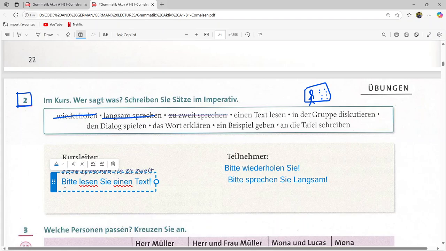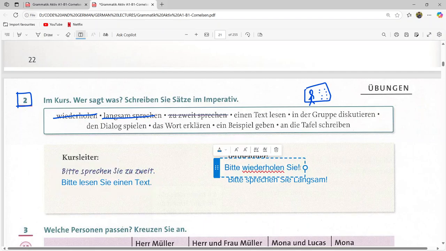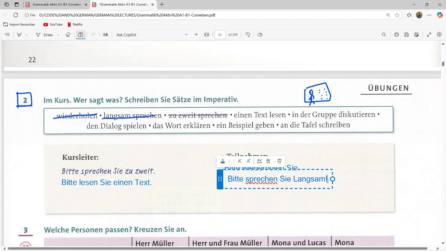Like here this is a big sentence, you can use the exclamation mark or you can not use it. This is up to you. Okay, so this one is also done.